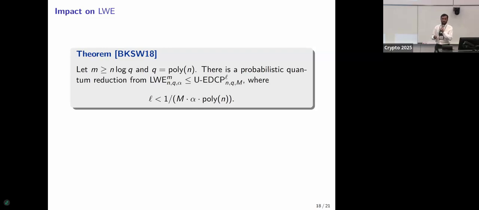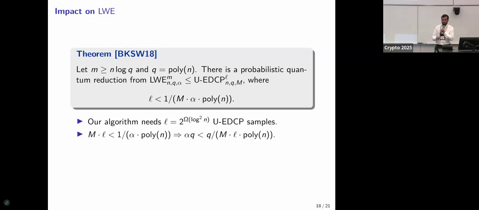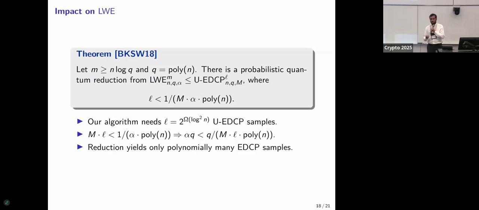So for the standard parameters of LWE, we don't have any impact on LWE, since our algorithm needs a quasi-polynomial number of samples, and this reduction only yields a polynomial number of EDCP samples. So our algorithm does not impact the standard LWE.